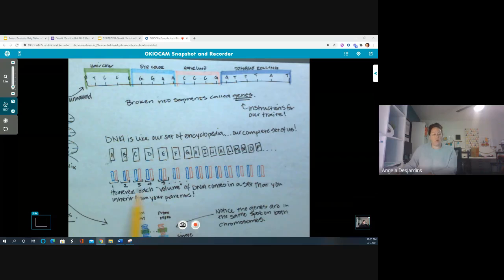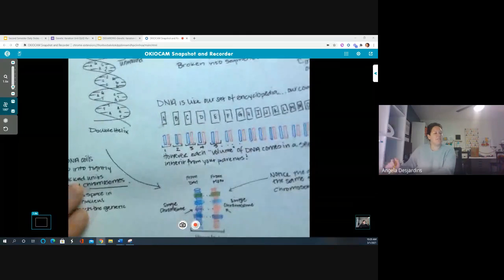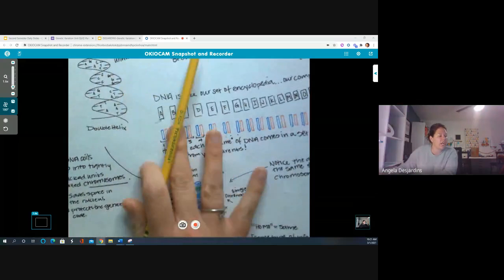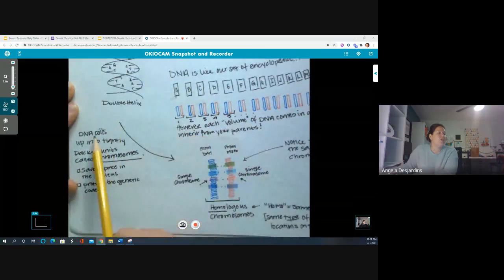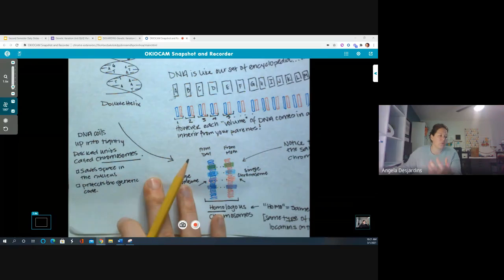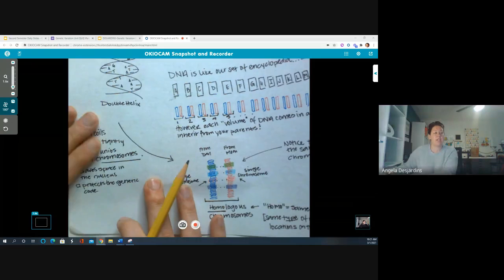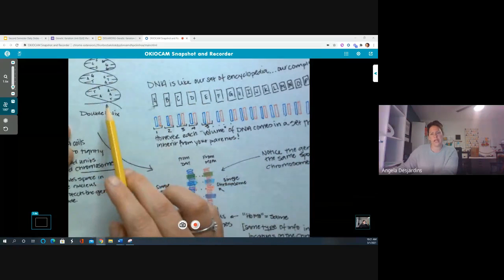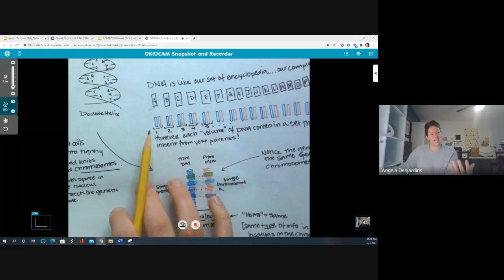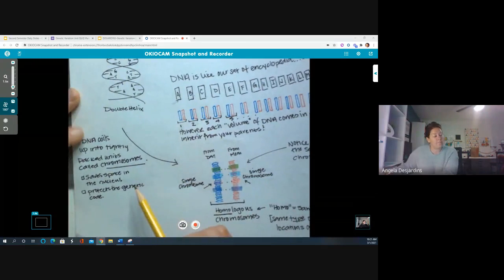Now, in order to be organized like this, your DNA can't just be floating around in loosey-goosey strands. What they do is coil up and become tightly packed little units called chromosomes. There are a couple of reasons why they form chromosomes, but the two major ones are, one, it saves a lot of space, because there are 46 of these huge strands floating around in your nucleus, and that's a little tight.